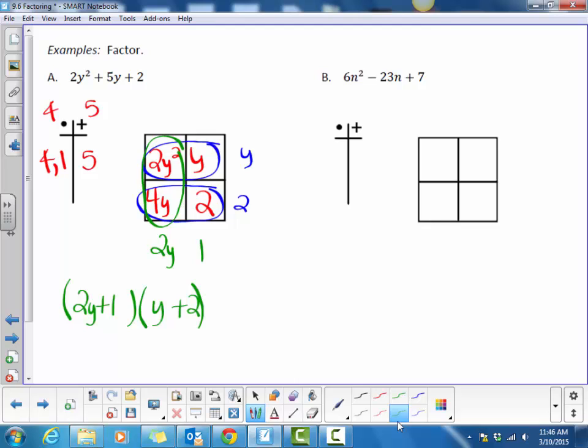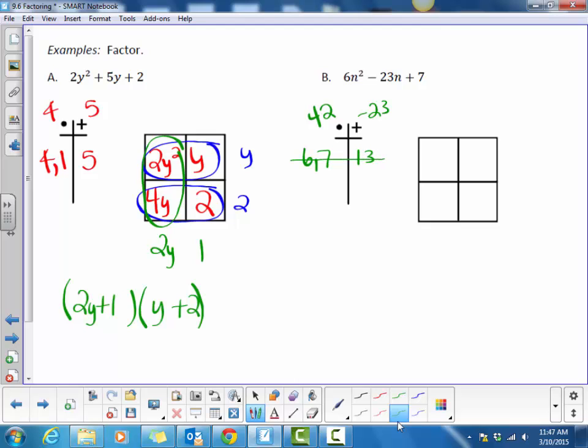Let's look at example B. What do I put for the times plus chart? What am I looking for on the times side? 42. Awesome. And what am I looking for on the plus side? Negative 23. Okay. So let's start listing factors of 42. Let's see. 6 times 7 equals 13.